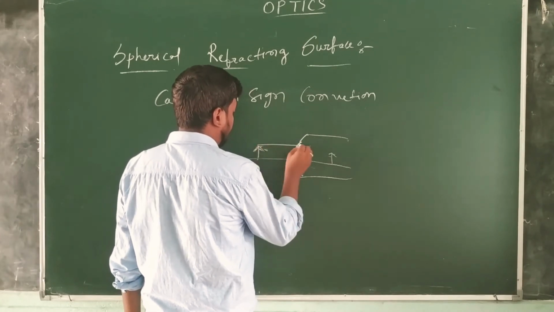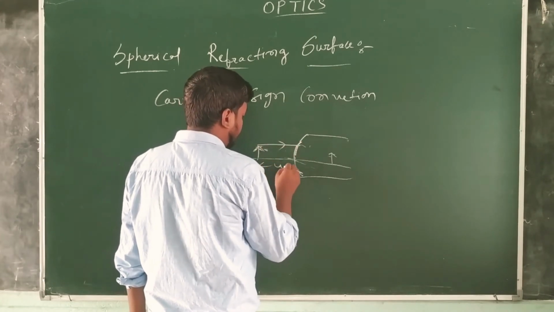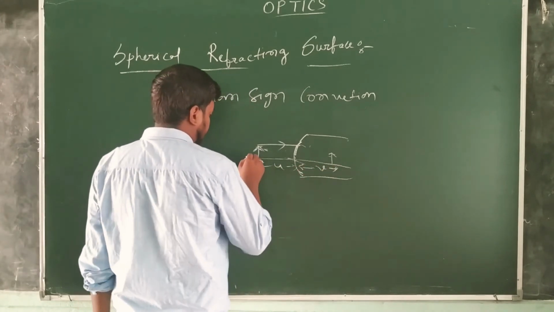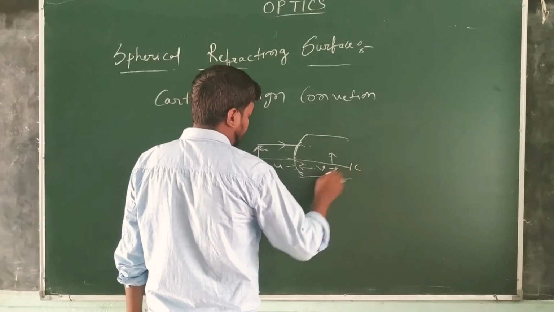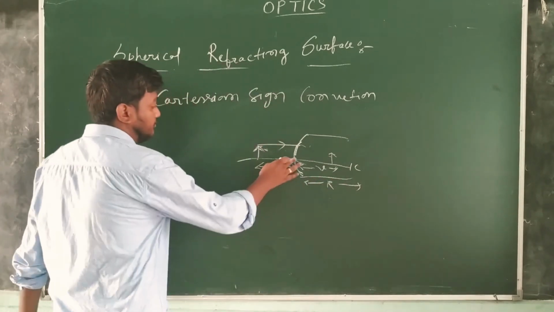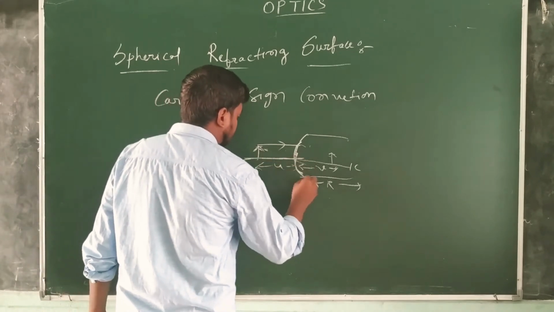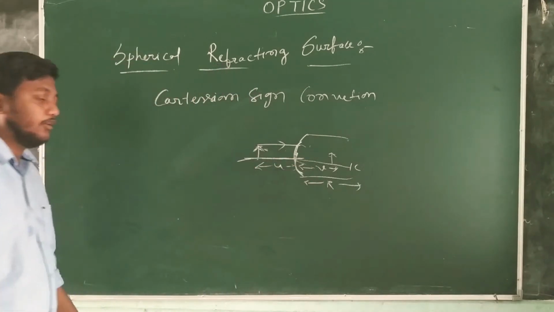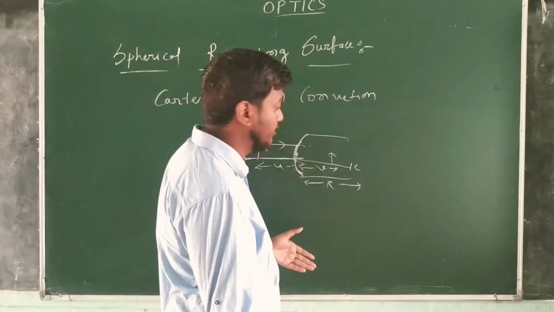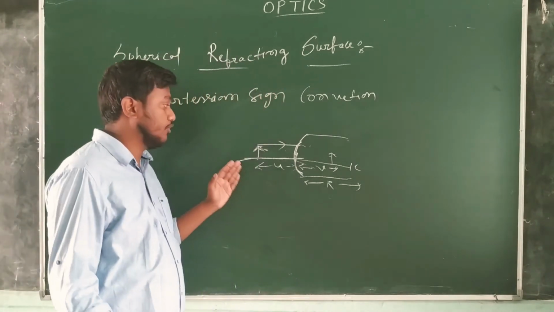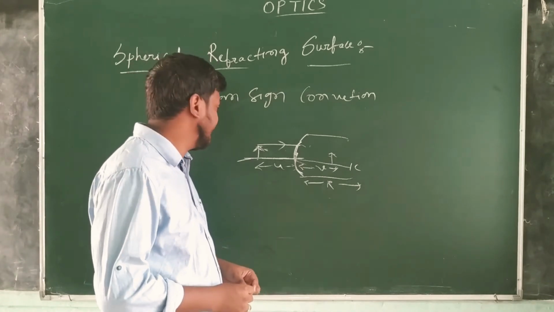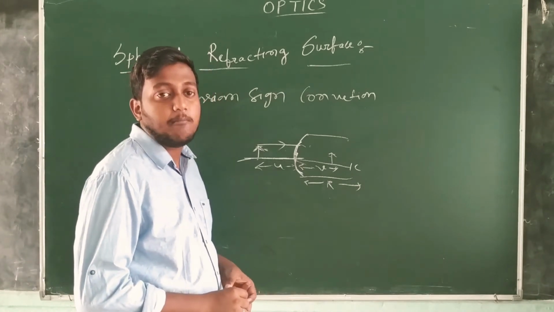Now we take infinity. So this is U, this is V, this is C, and then this will be R. Now, just like the spherical mirror, the distances measured in the same direction as the incident ray are taken to be positive.